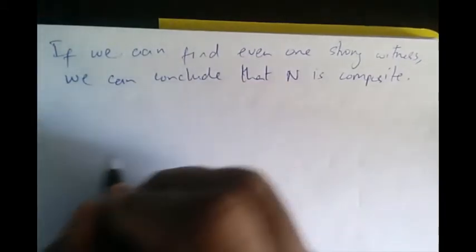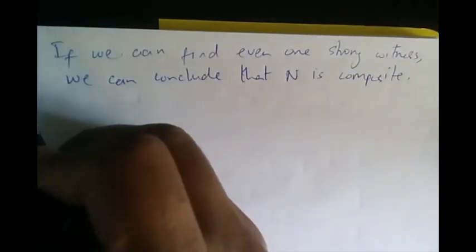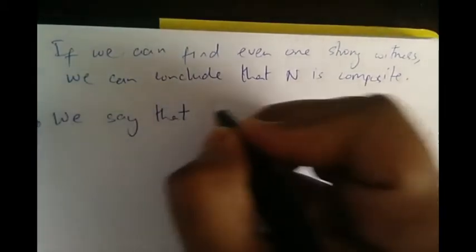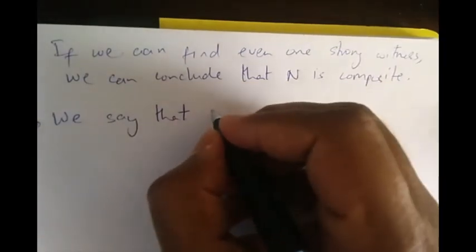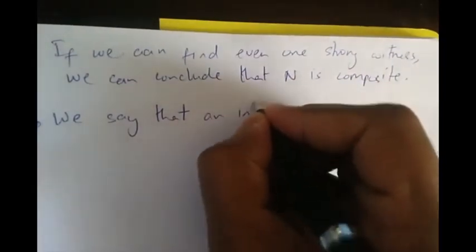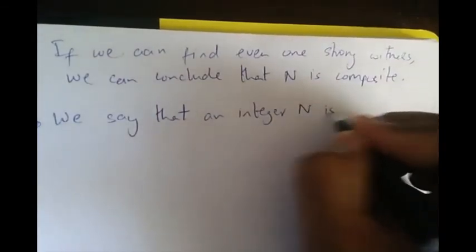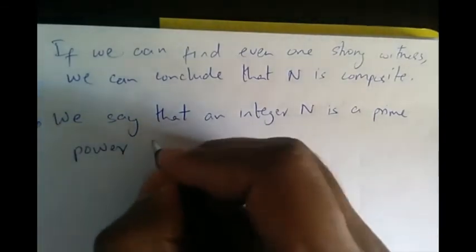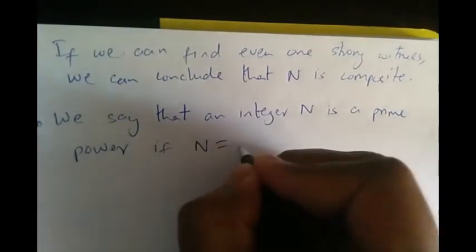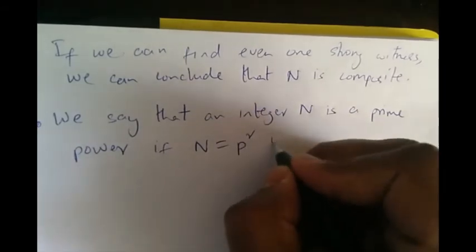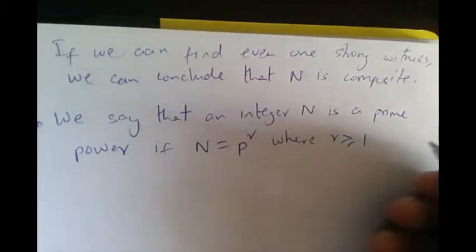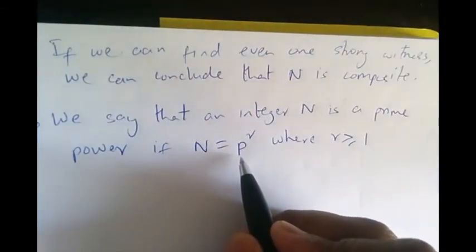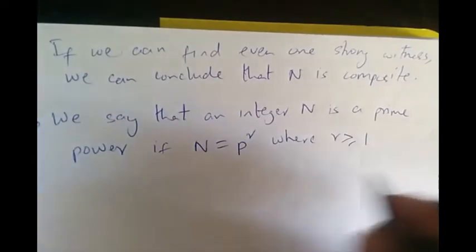For that, let's first define something called a prime power. So we say that an integer n is a prime power if n equals p raised to r, where r is greater than or equal to 1 and p is a prime.